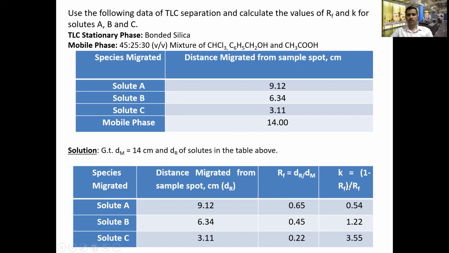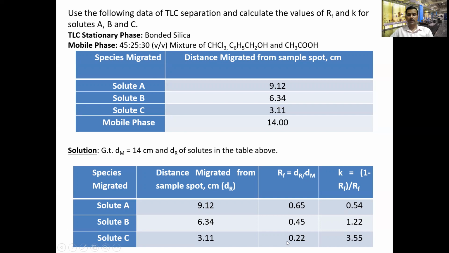So k is equal to 1 minus RF divided by RF. For solute A, 1 minus 0.65 divided by 0.65, you will get 0.54. For solute B, 1 minus 0.45 divided by 0.45, you will get 1.22.